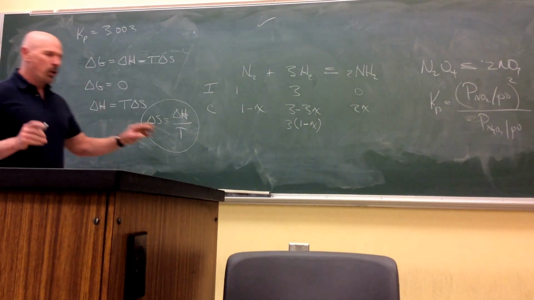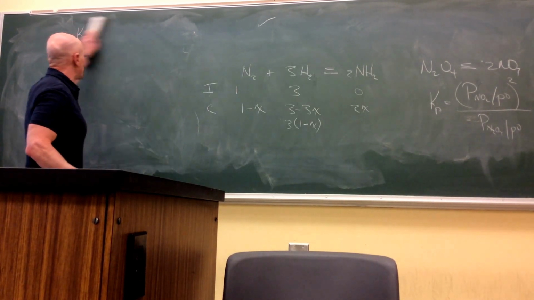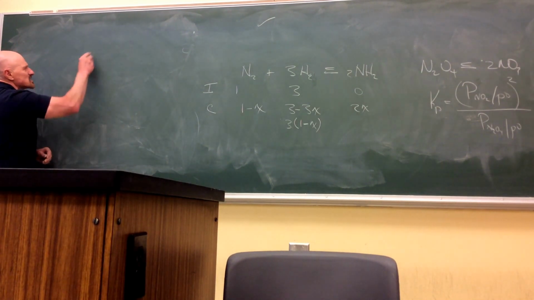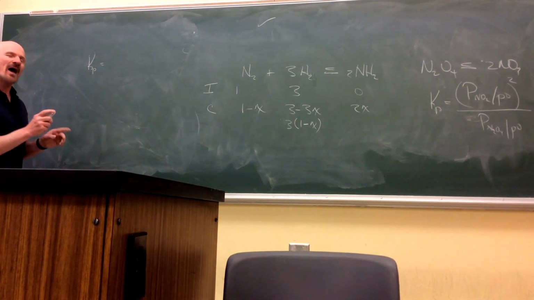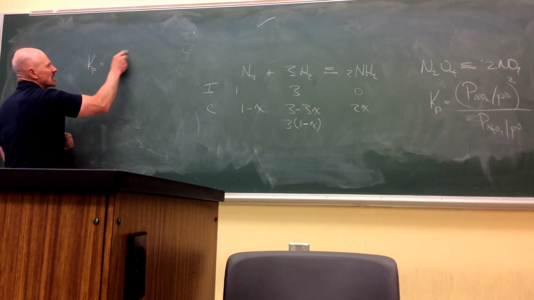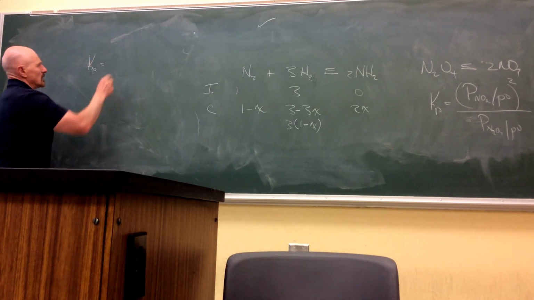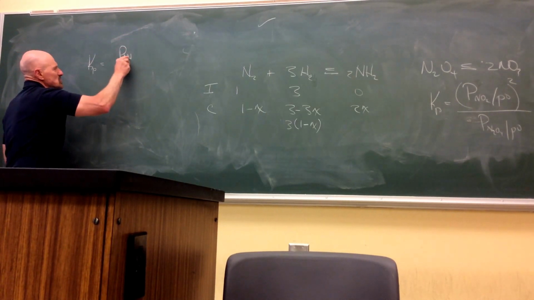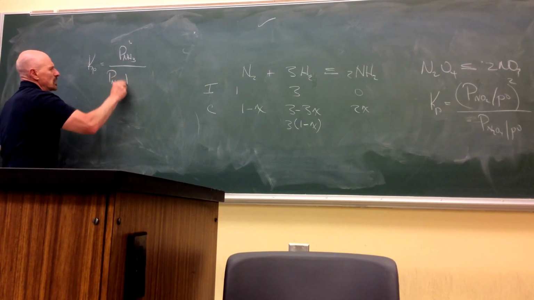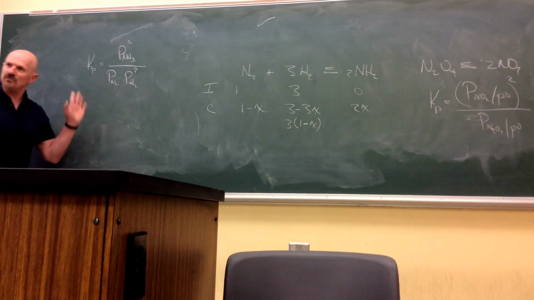Now, when you put this into a K expression, and I'll leave off the P naughts and all that, I just want to guide you mathematically on what you're going to do. You'll have to put the pressures and P naughts in there, but let me do this more explicitly. It's going to be the pressure of NH3 squared over the pressure of N2 times the pressure of H2 cubed. You know this.